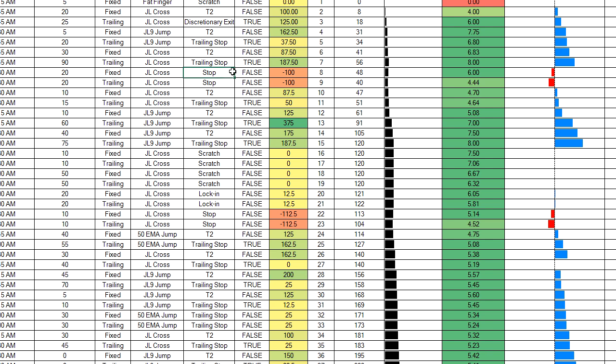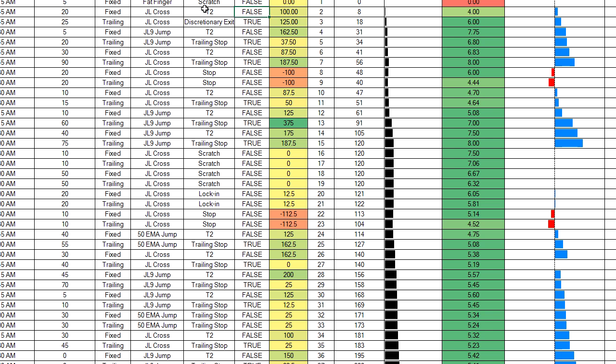And I just said equals if M1 equals T2, so the exit name is T2. So the prior row's exit name, if that equals T2, then the statement's true, and if not, it's false.